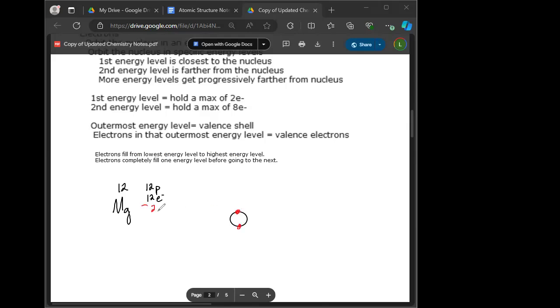So after those first 2 electrons on the first energy level, we still have 10 left that need a place to sit. Now that the first energy level is full, the electrons don't have any other choice but to go to the second level.